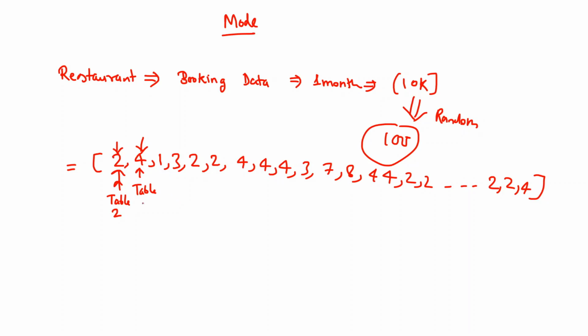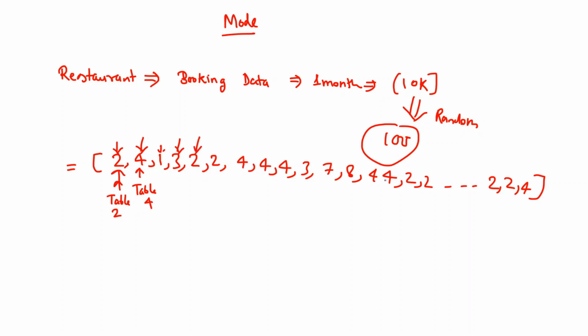This booking was done using a table which should have 4 chairs. This one is for only a single person. This is for a 3 person booking. This is also for a 2 person booking.